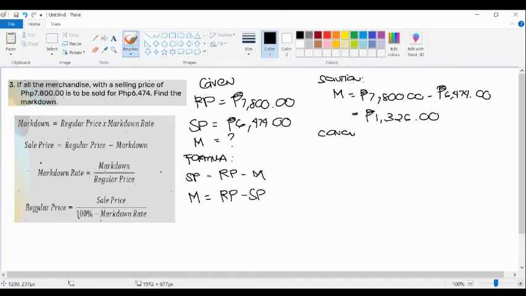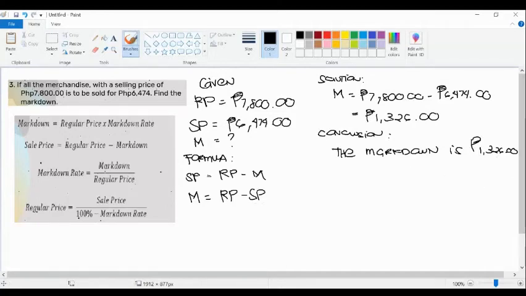And our conclusion, the markdown is 1,326 pesos. And if you remember, markdown is a price reduction from the original price of the merchandise.